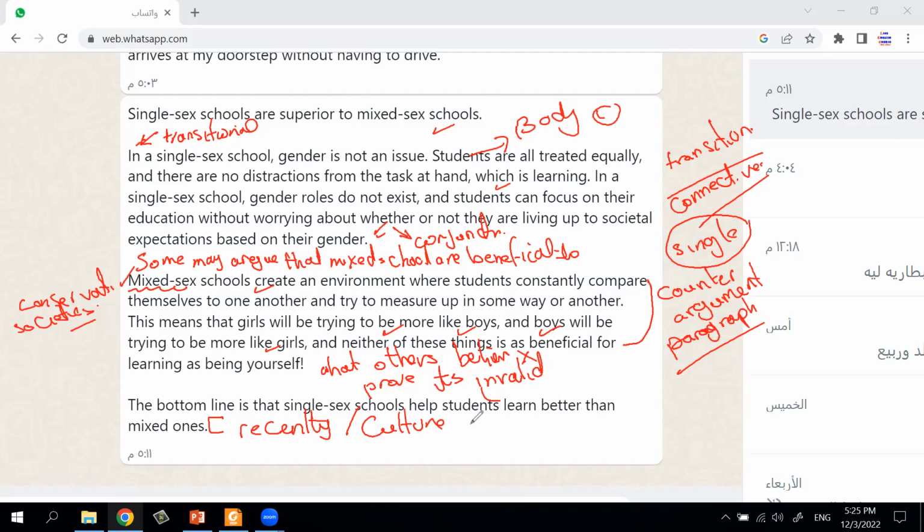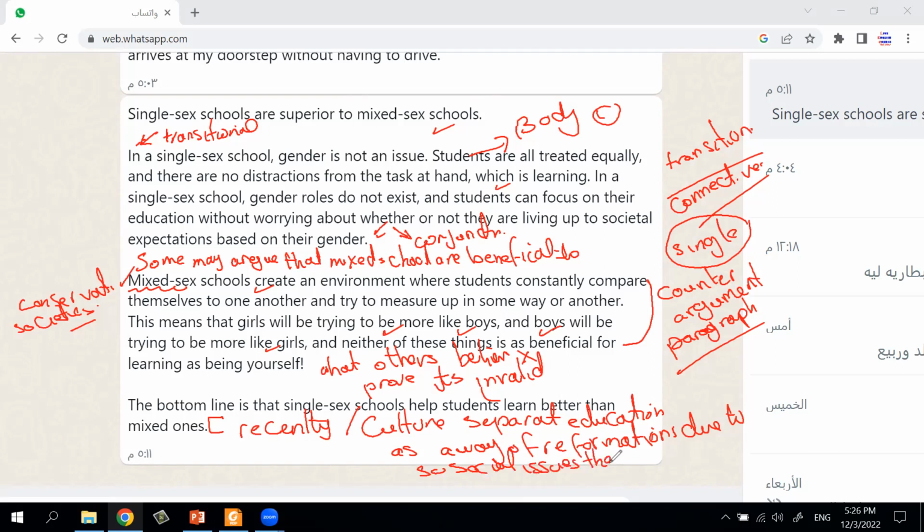Okay, so there is a culture of using separate education or separate schools as a way of reformation due to some social issues that occurred.